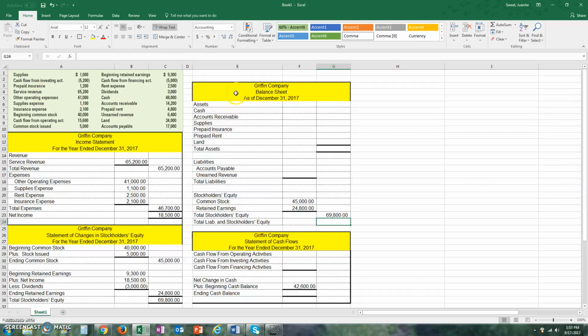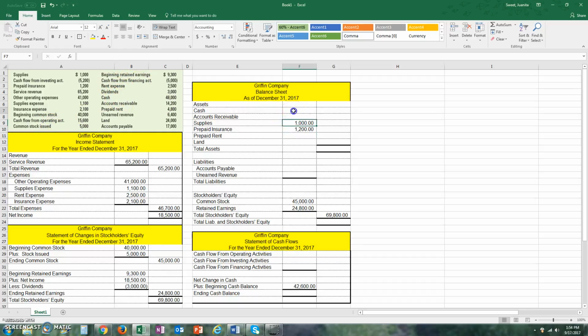Starting at the top of the list, we see supplies, $1,000. Prepaid insurance, that is an asset because should we cancel the insurance policy, they would have to refund that to us. Okay, looking down, what have I not used yet?